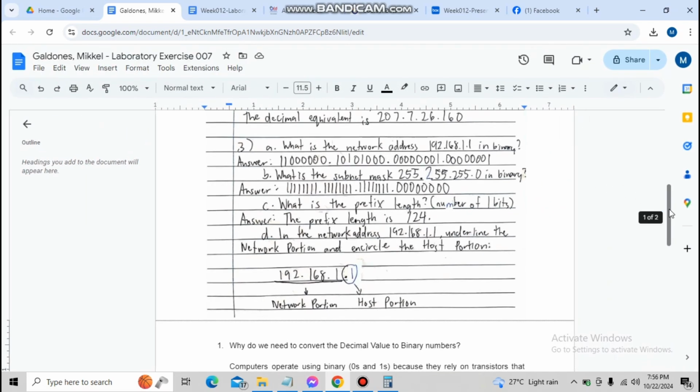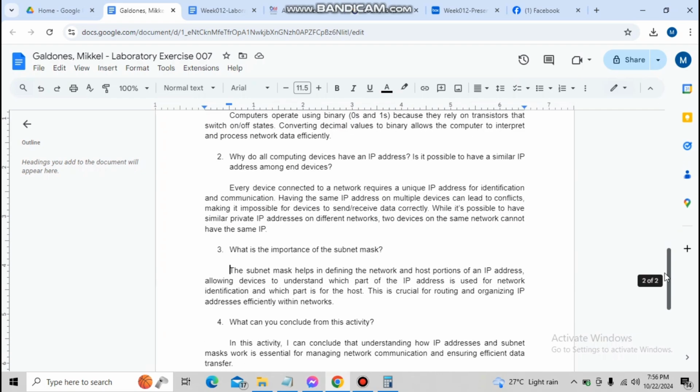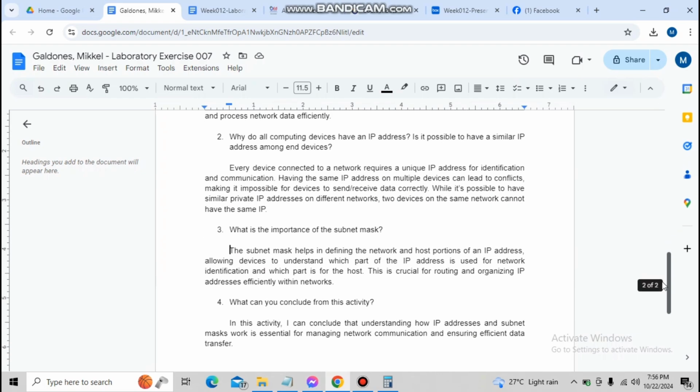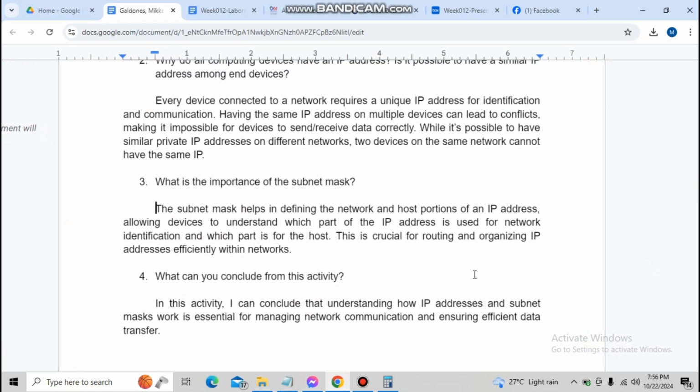So that is how the subnet mask works. Now let's move on to number 4. So why did we do that for the subnet mask? Well, it is crucial for routing and organizing IP addresses efficiently within networks.